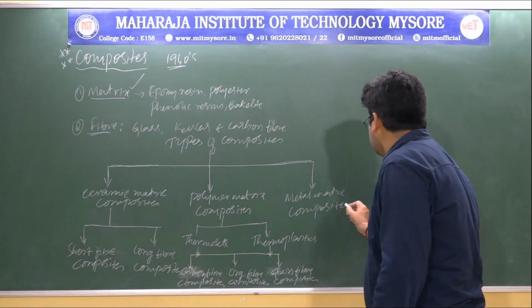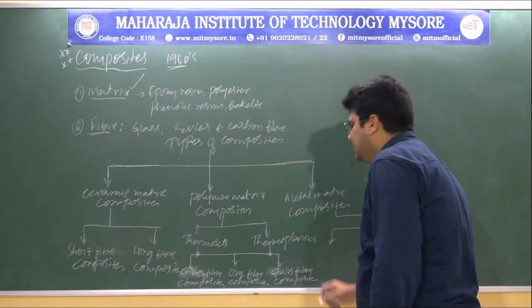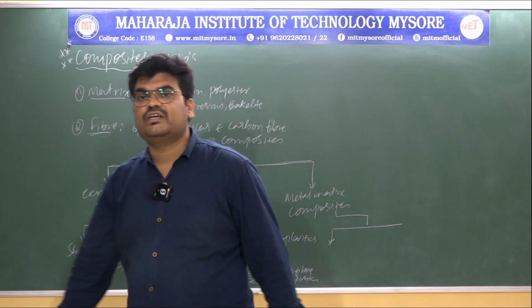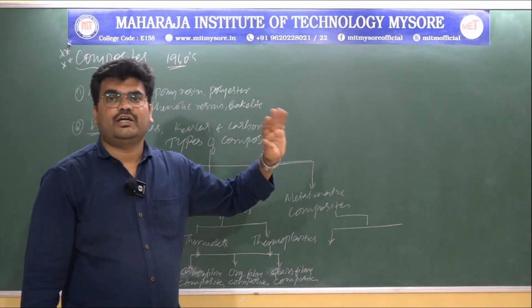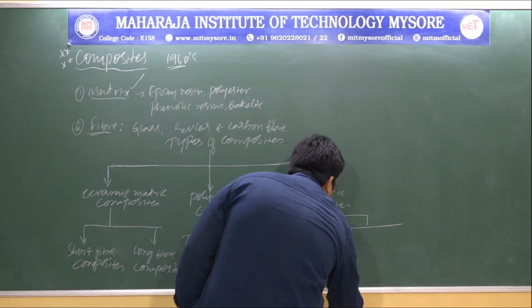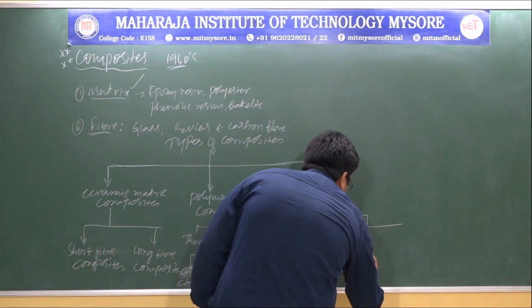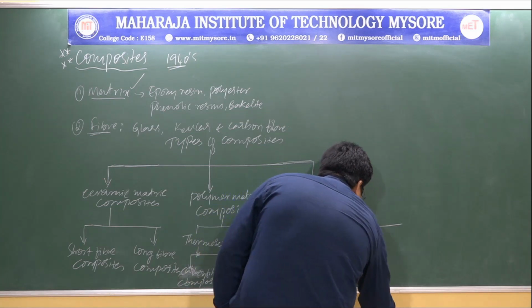So metal matrix composites can be further classified into three types. One is particles reinforced, plates reinforced, and whiskers reinforced, right?